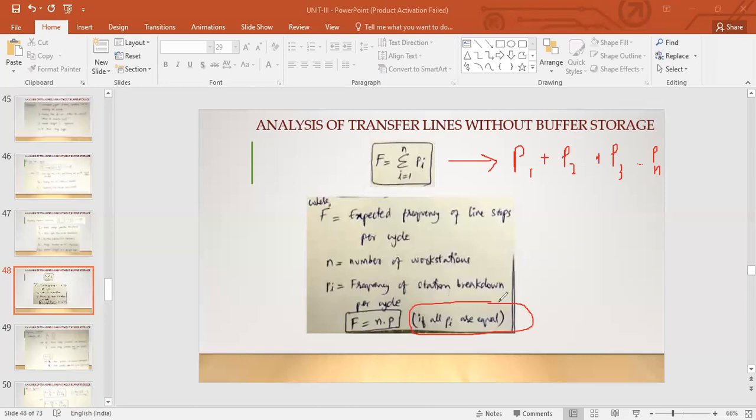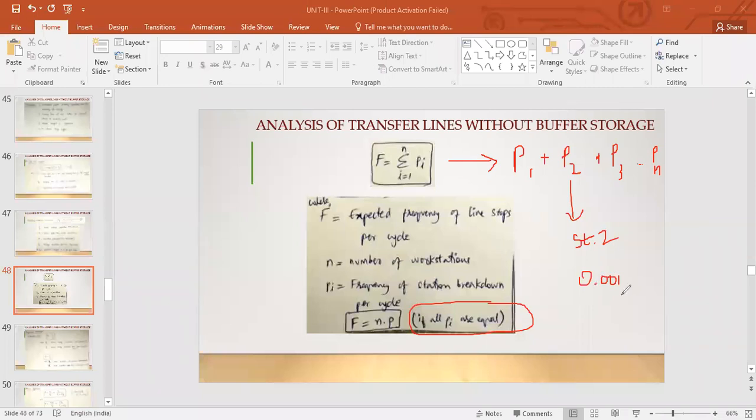It's not practical, but for simplification in the calculation, these probabilities are basically for individual stations. For station 2, the probability of station breakdown is, for example, maybe 0.001. That's your probability.